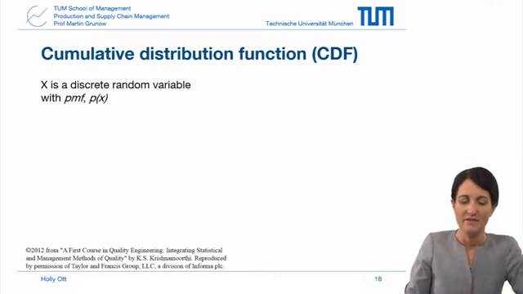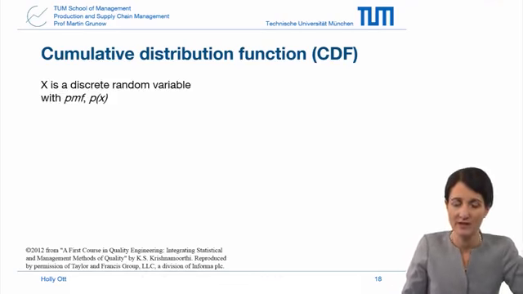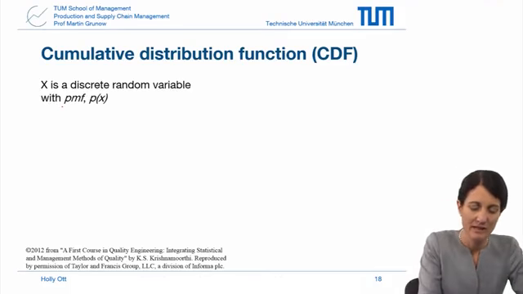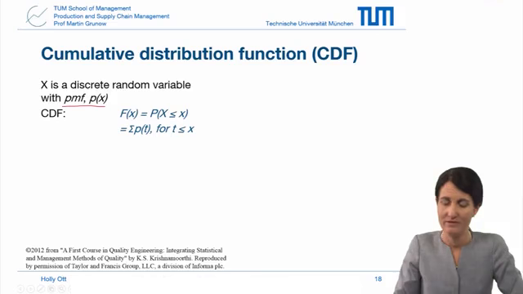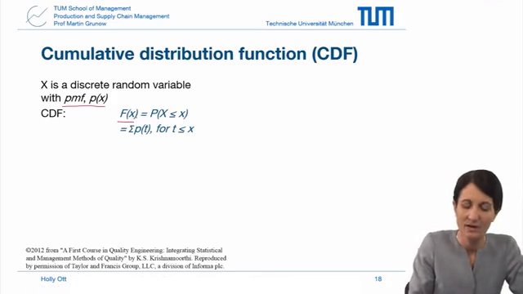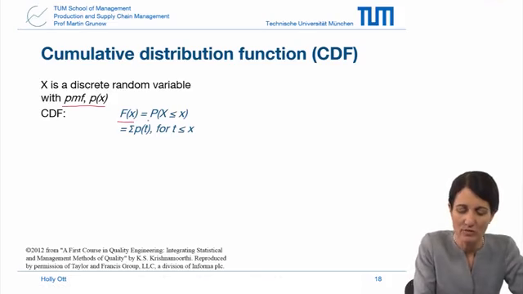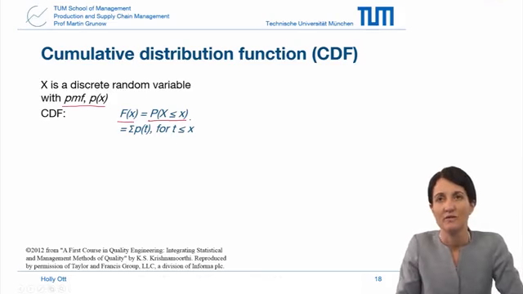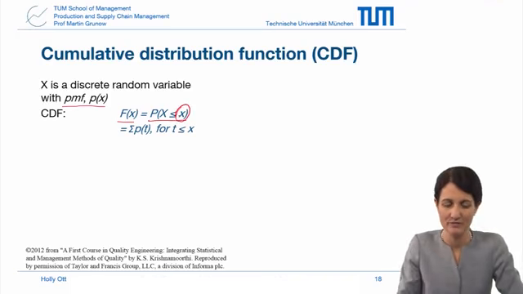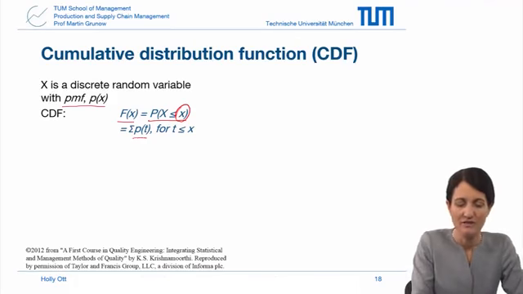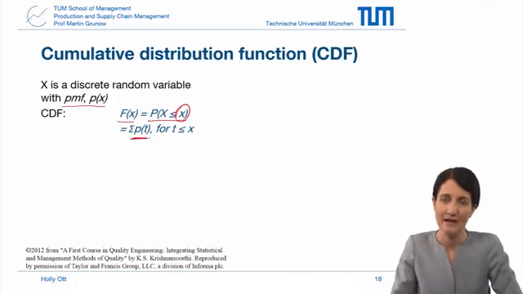So if x is a discrete random variable with, remember, the PMF, the probability mass function, denoted by P of x, then the CDF is given by capital F of x, and it's equal to the probability that our random variable is less than or equal to some specific value. And since we have discrete values here, it's just the sum of each of the individual P of x.